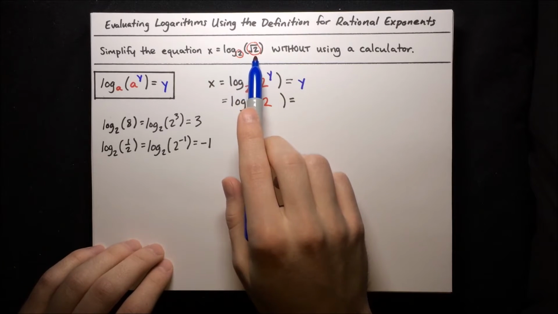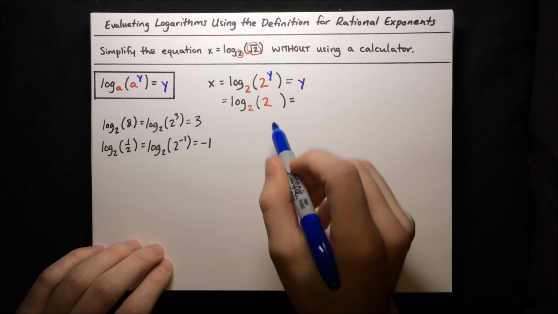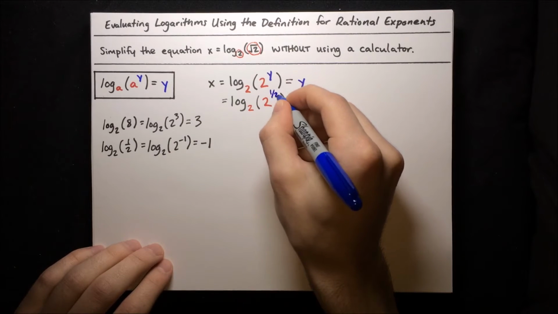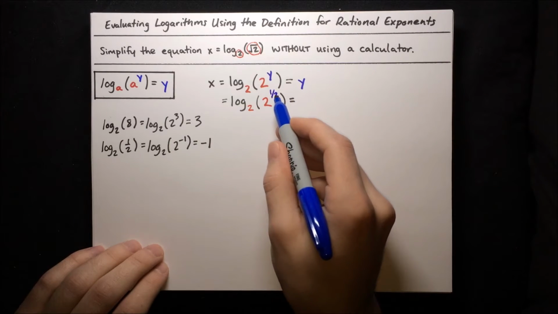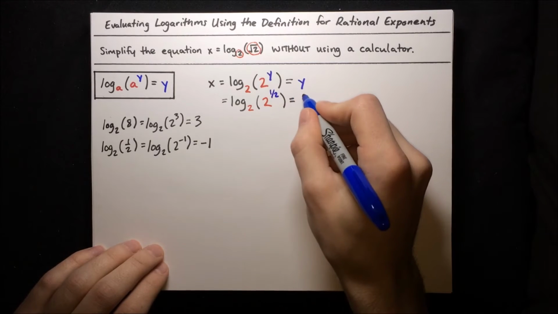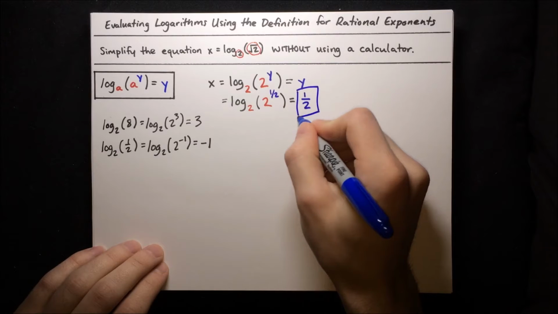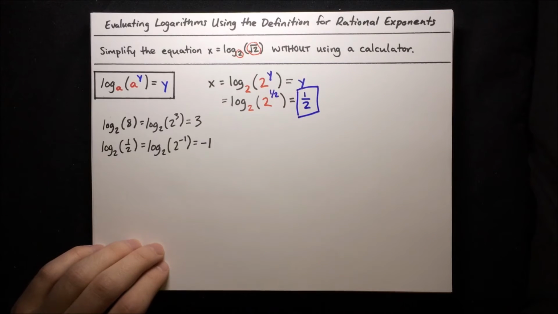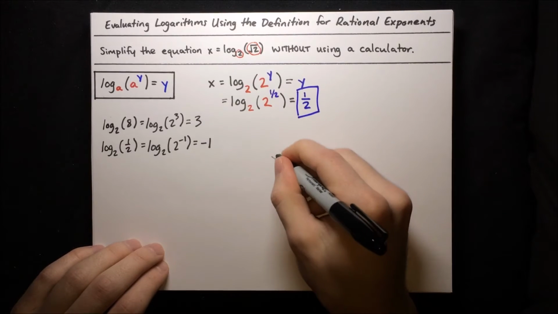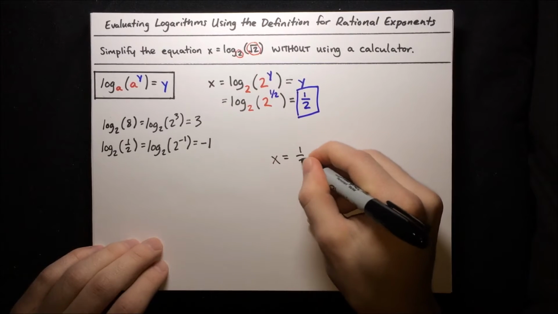Root is just an exponent of a half. So root 2 is just 2 to the 1/2 power, and then log base 2 of 2 to the 1/2 power, you just take the power, and that's just 1/2. So there we go, we're done. The equation simplifies to x equals a half.